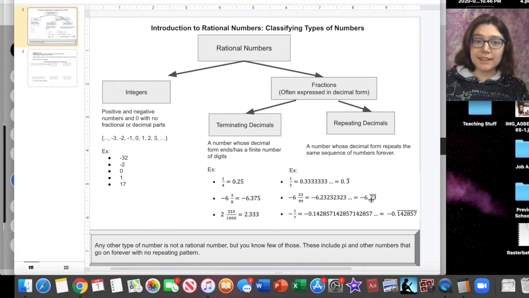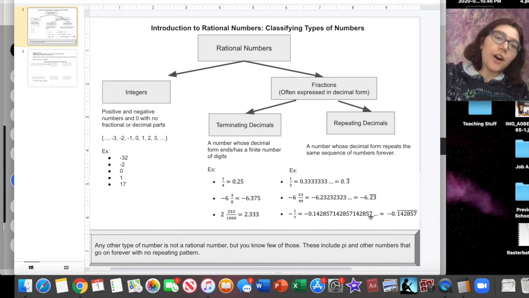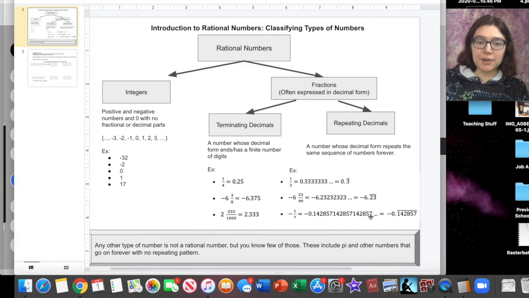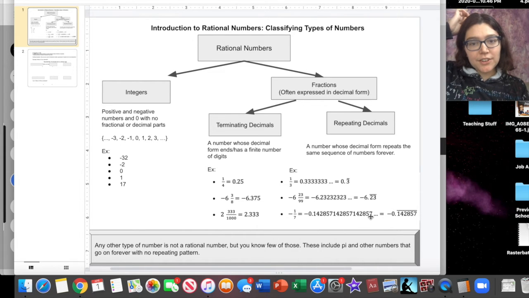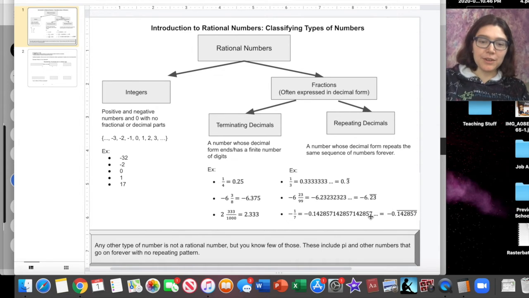Again, that's a repeating decimal. It's a type of rational number. All of those numbers are rational numbers. A strong definition of a rational number is a number we can write as a fraction of integers. So if we look at all these, like 1/3, that's a fraction of the integers 1 and 3.